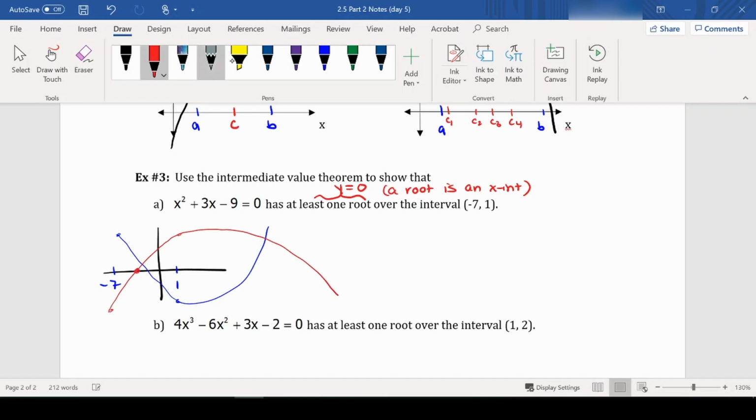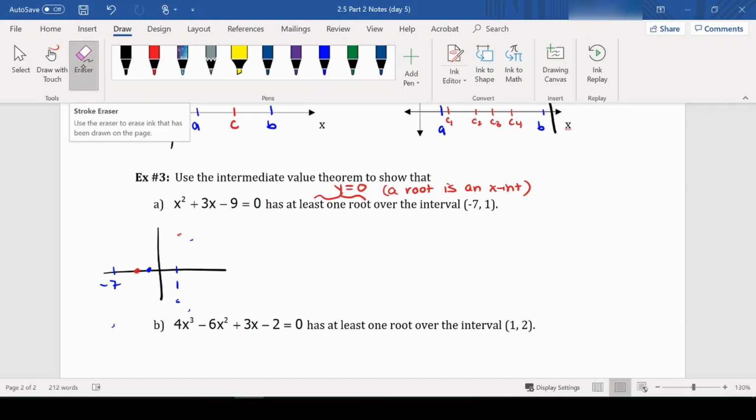And this would cross here, and this would cross here. If that's not true, if it doesn't start above and end below or start below and end above, we cannot guarantee that we have a root without actually finding it. And we don't always have functions that are easy to find the roots.